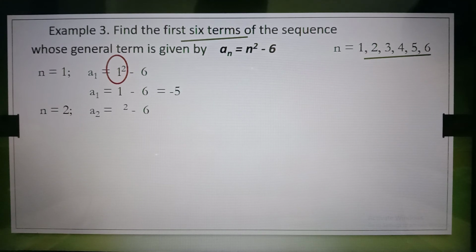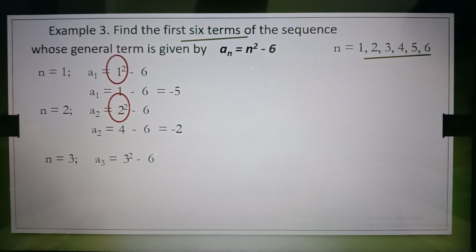So, when n is 2, a sub 2 equals 2 squared minus 6. So, ang una nating i-solve ay ang 2 squared, which is 4 minus 6 will give you negative 2. And when n is equal to 3, a sub 3 equals 3 squared minus 6.